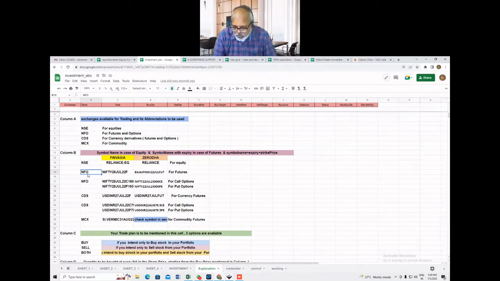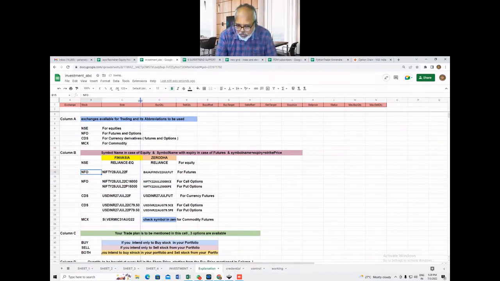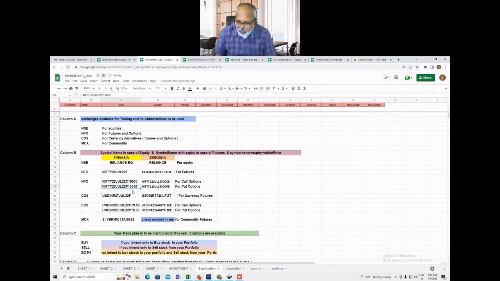If it is a call, you write C and then the strike price. Similarly, if you're trading in puts, you write the strike price with the prefix of P. But in case of Zerodha, you have to write Nifty, 22 is the year, July is the month, the strike price, and then you have to write CE or PE in case of calls and puts.